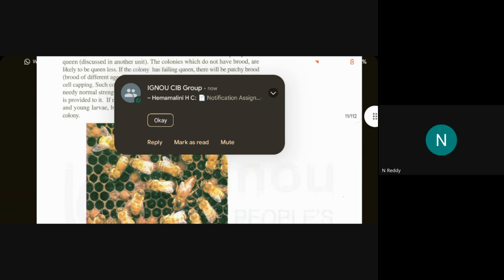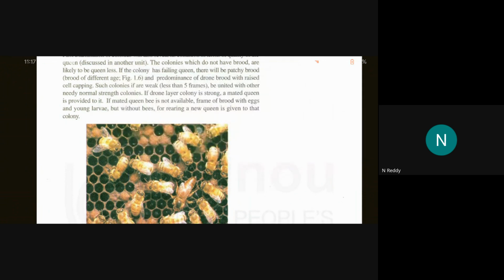Such colonies, if weak, that is less than half of the strength of the colony, less than 5 frames, can be united with another needy normal-strength colony. If the drone-laying colony is strong, a mated queen is provided to it.